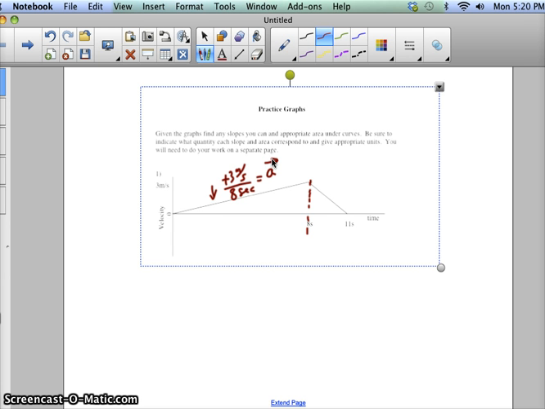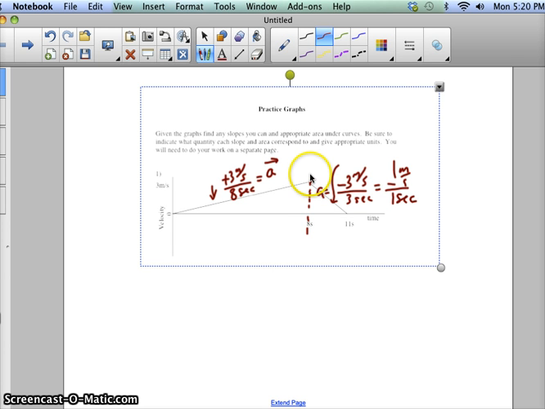Over here, we're talking about a negative 3 meters per second, and that's going to happen over 3 seconds. So that's going to be a negative 1 meter per second per 1 second acceleration. And that's this slope here, the second period.